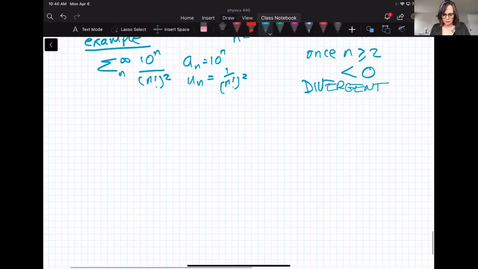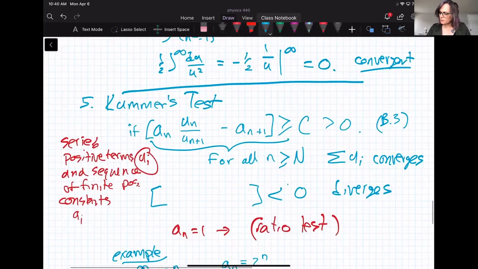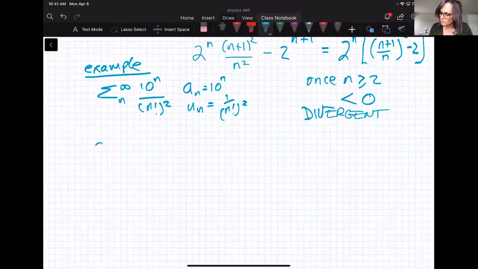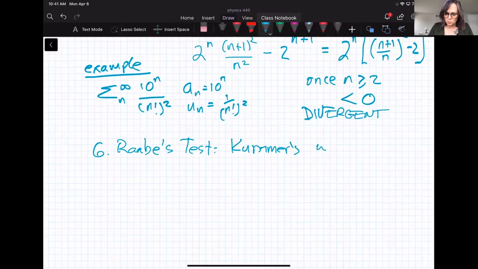Okay, so I'm going to go back here. So we have this Kummer test. I'm not going to go into too much detail about this, but you also have something that's related to this, which is Raabe's test, which is Kummer's test with a sub n equal to n.